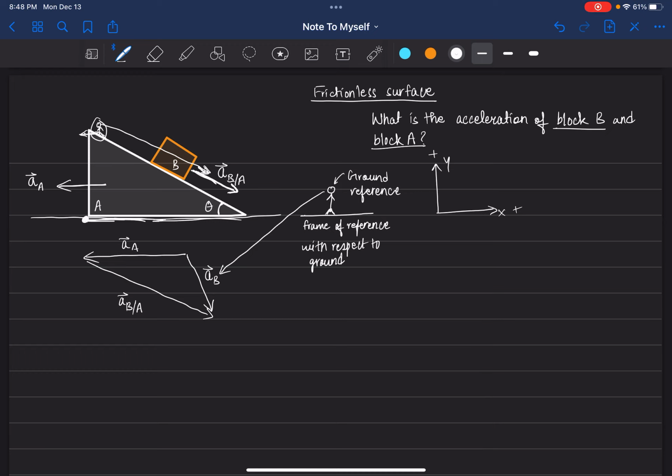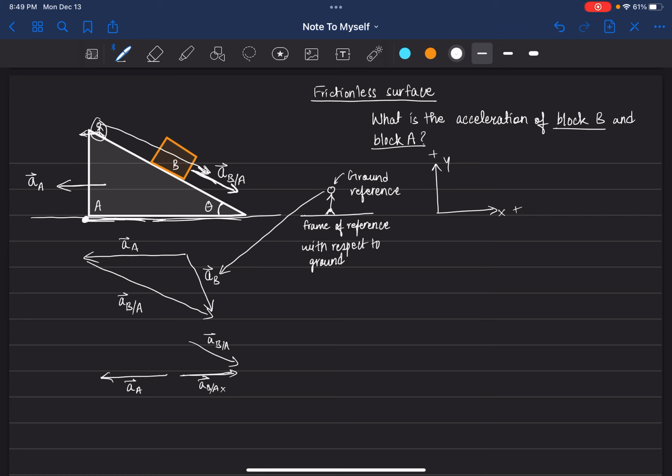And it actually kind of makes sense because as block B is moving down the incline, it has some x acceleration, or acceleration in the x direction. But at the same time, block A is going in this direction.